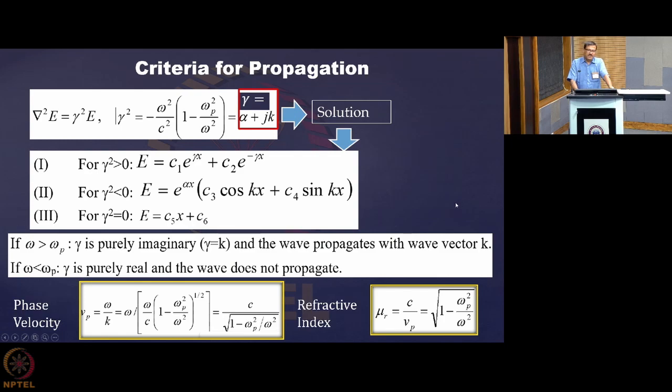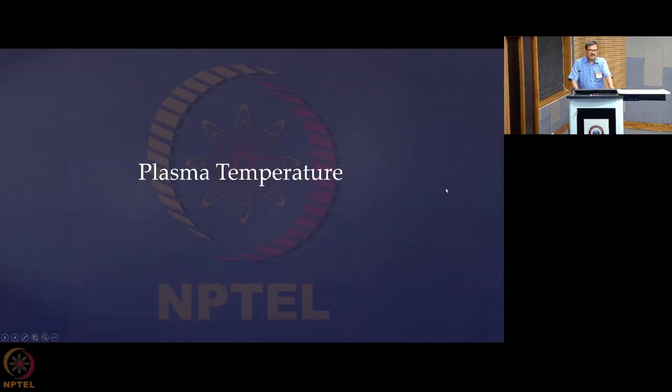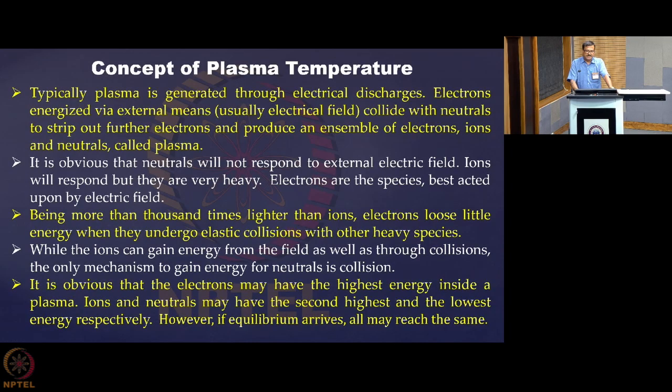So this is the detailed explanation of the derivation that we did in the last class. And here we need to know more about the plasma temperature. We already said that temperature is usually a single quantity in most of the cases that we have learned so far. Like if I talk about this room's temperature, I will not say there are different temperatures in this room.